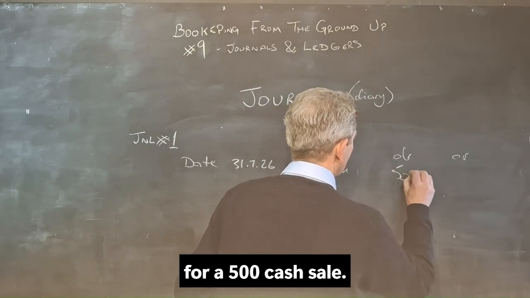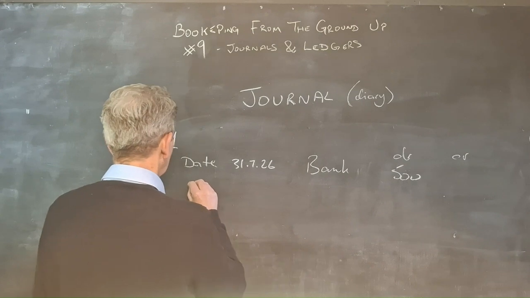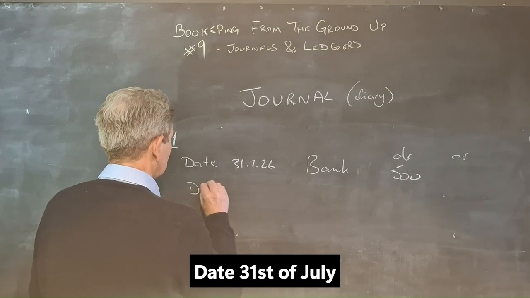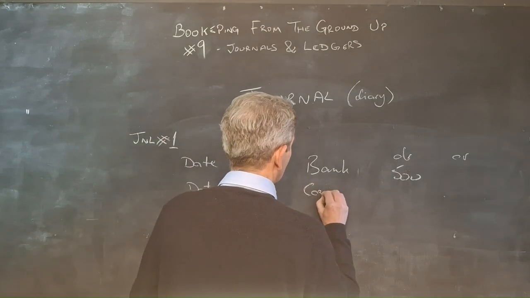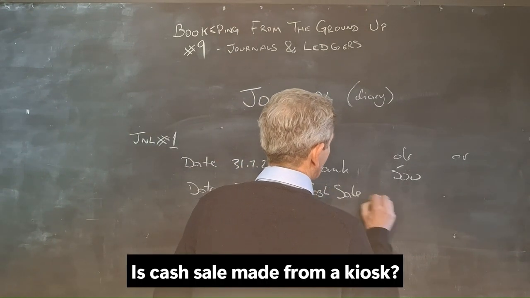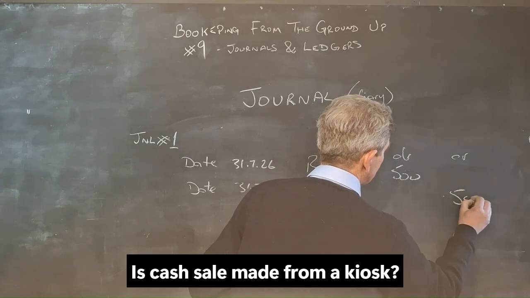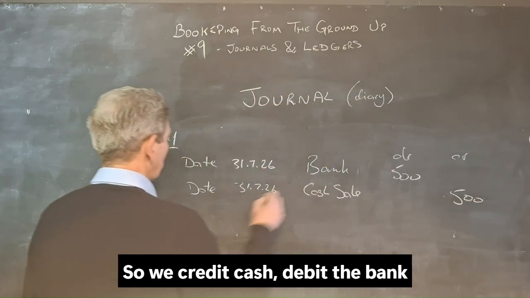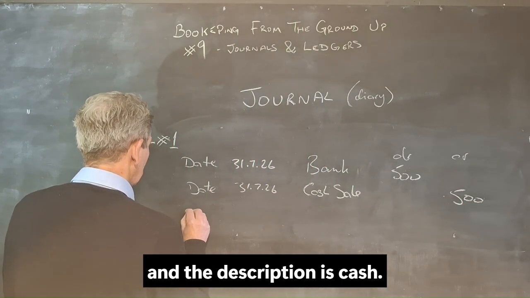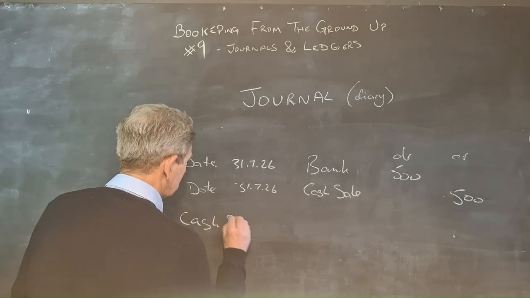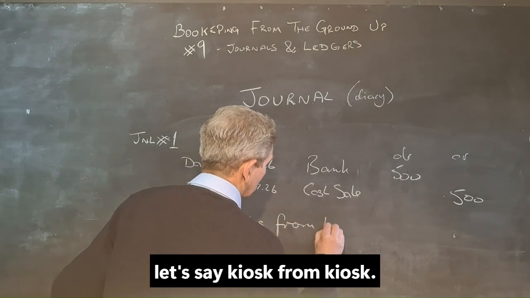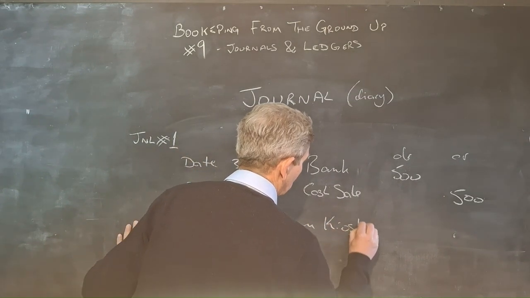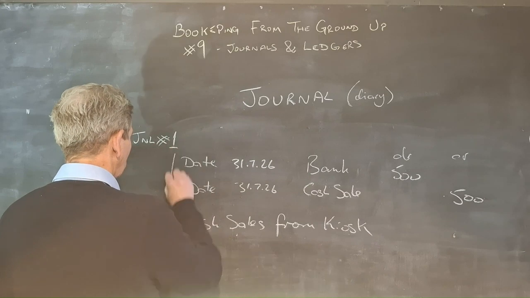Debit 500. This is for a 500 cash sale. Date 31st of July. Cash sale. This cash sale was made from a kiosk, so we credit cash, debit the bank, and the description is cash sales from, let's say, kiosk.